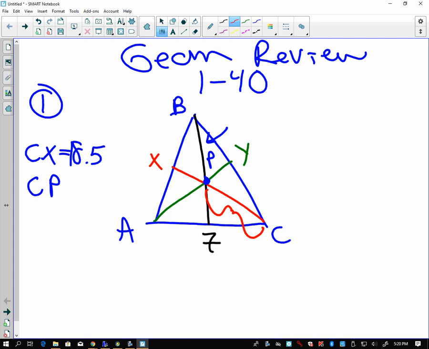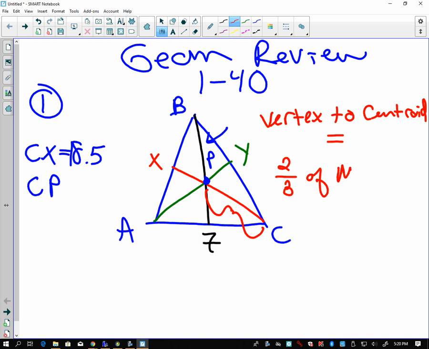What you want to notice is that CP is the distance from the vertex to the centroid of that median. Vertex to centroid equals 2/3 of the median. It's 2/3 of the whole length.